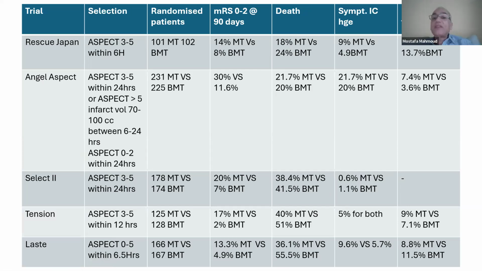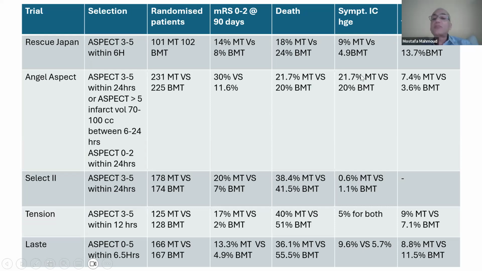And the symptomatic intracranial hemorrhage. We might expect a great rise of symptomatic intracranial hemorrhage in mechanically thrombectomized patients versus best medical treatment. But obviously, the difference was not huge, sometimes statistically significant, but it was not huge.